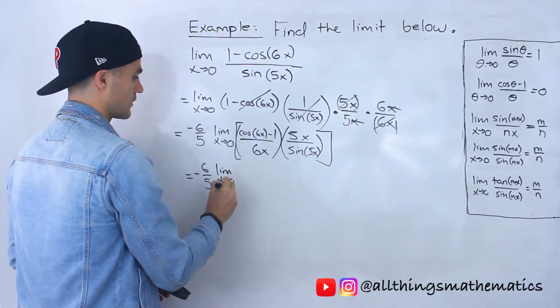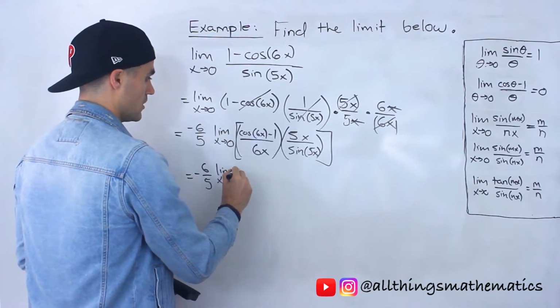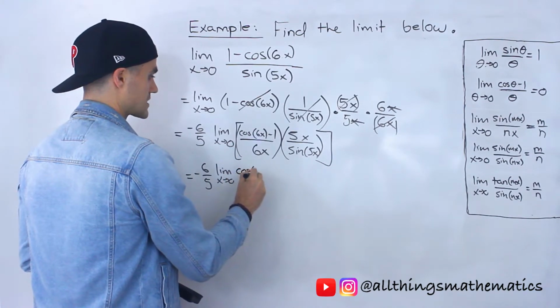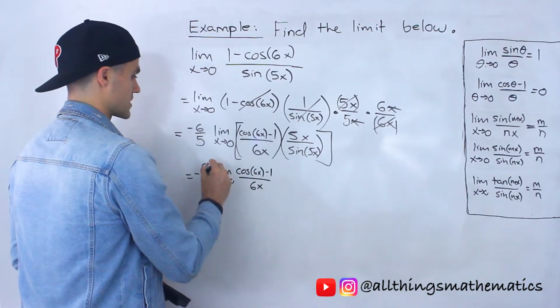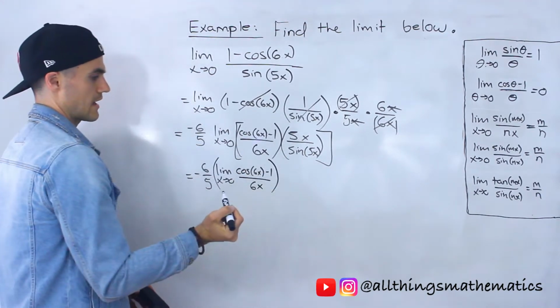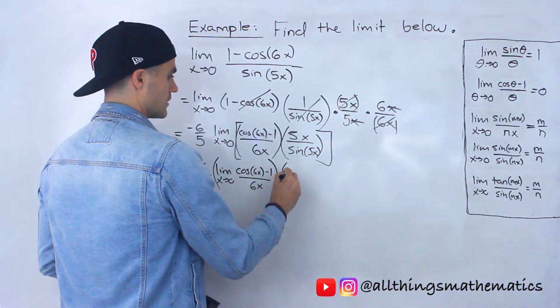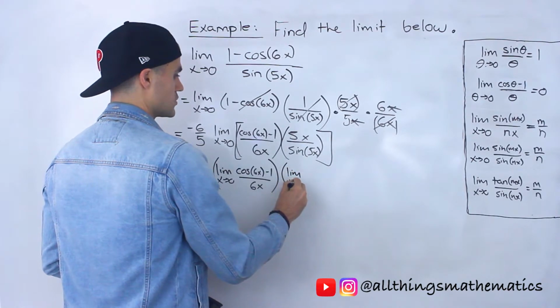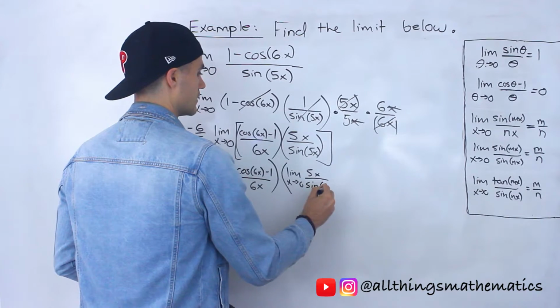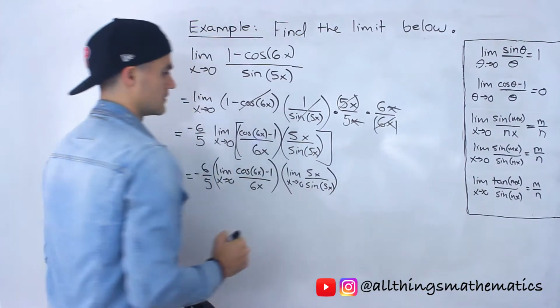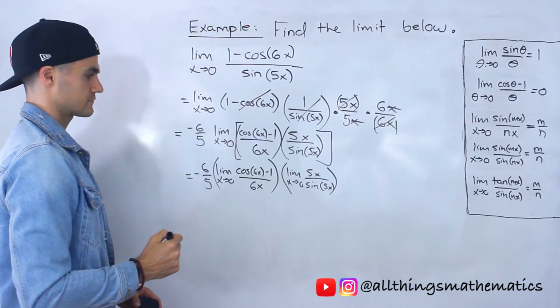separate expressions. So we'll have the limit as x approaches 0 of cos of 6x minus 1 over 6x, like that. And also the limit as x approaches 0 of 5x over sine 5x, like that.